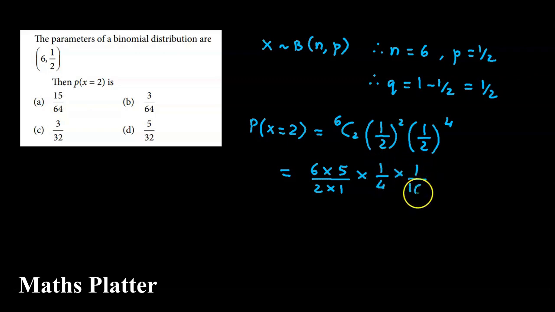This will be 1 by 16. 2 1s are 2, 3 2s are 6. Numerator में आ जाता है 15 and 4 into 16 that is 64. So इसका सही आंसर है option A.